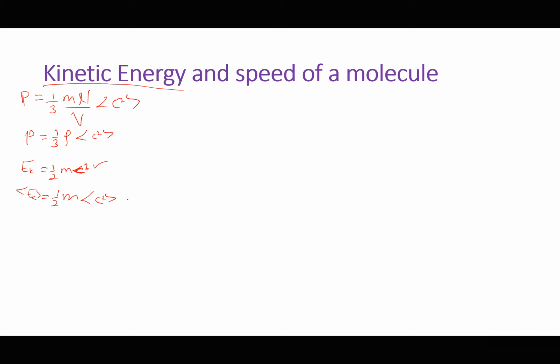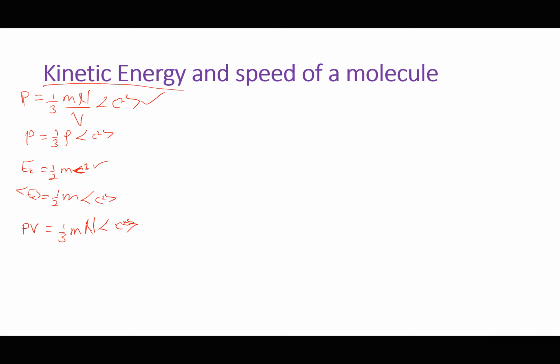So from our expression that P equals a third m n over V times average c squared, we can now come up with very interesting expressions. Number one, I will modify this expression so that it becomes PV equals a third m n times average c squared.